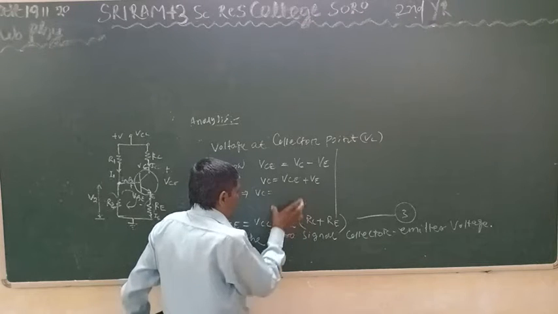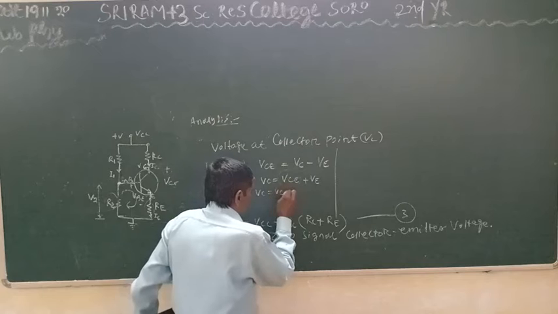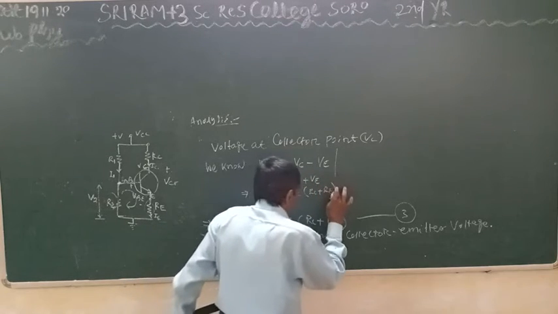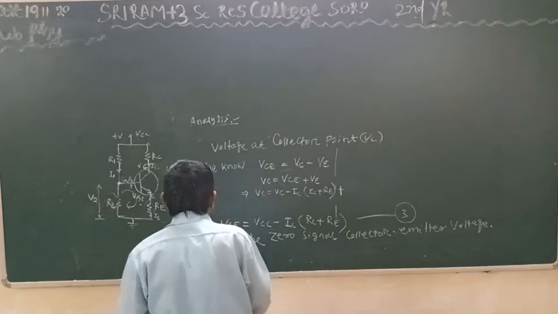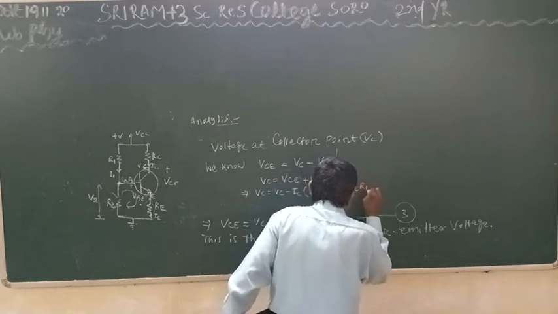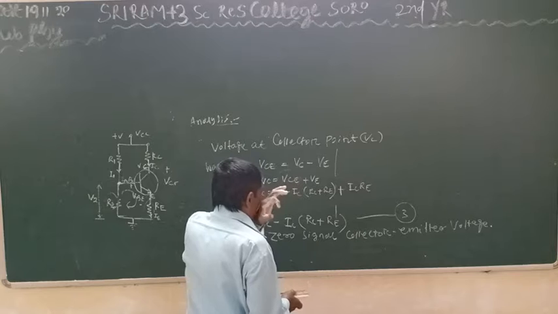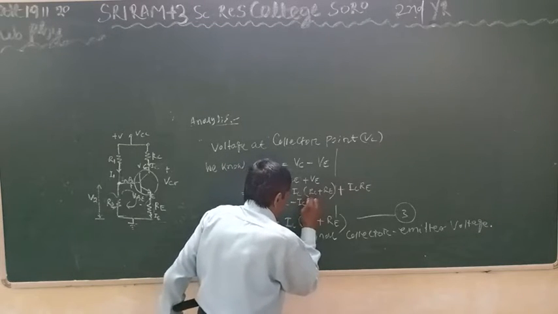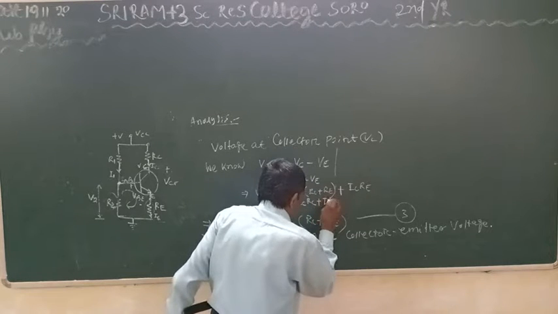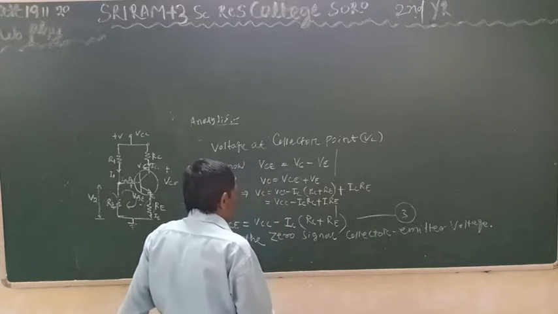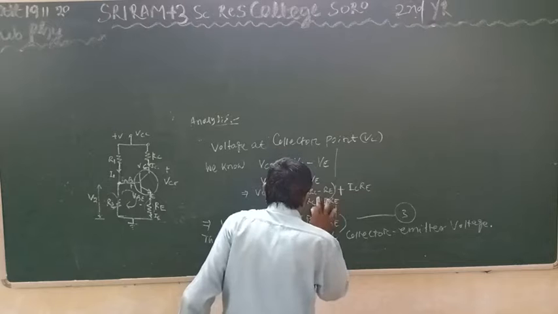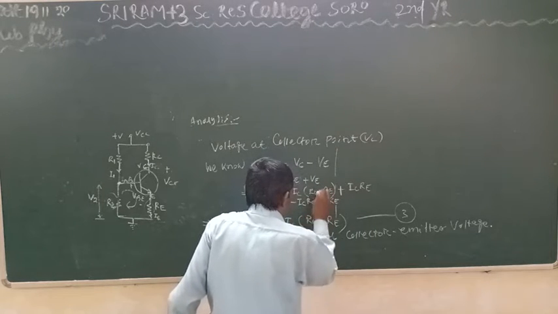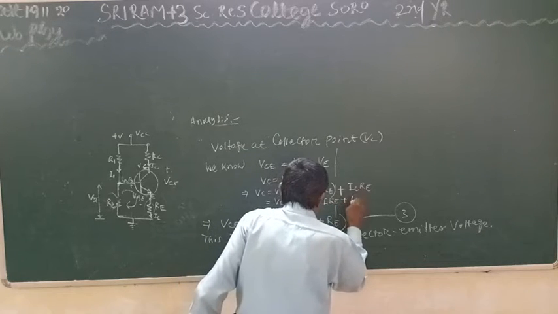We write this value in place of VCE, then VCC minus IC(RC plus RE), plus VE, and VE means ICRE. So VCC minus ICRC minus ICRE plus ICRE.